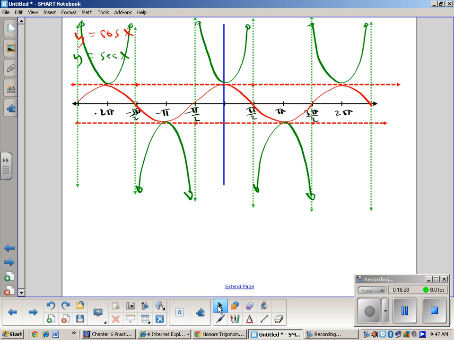Again, if you brought up a secant graph to me and said, can you help me graph this? The first thing I would do is change the word secant to cosine. I would sketch the cosine graph real quickly, and then draw in my asymptotes and my parabolas to sketch the secant graph.